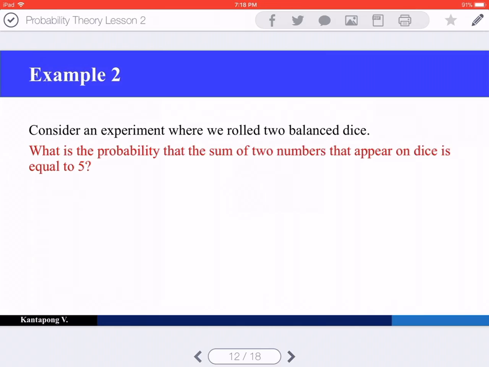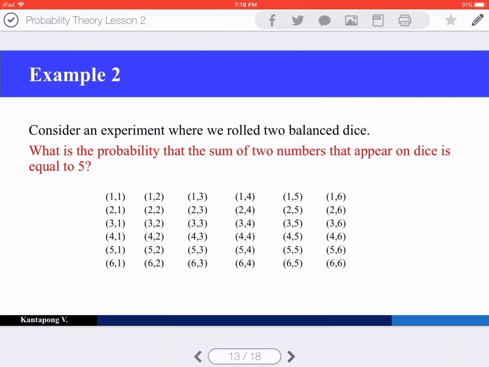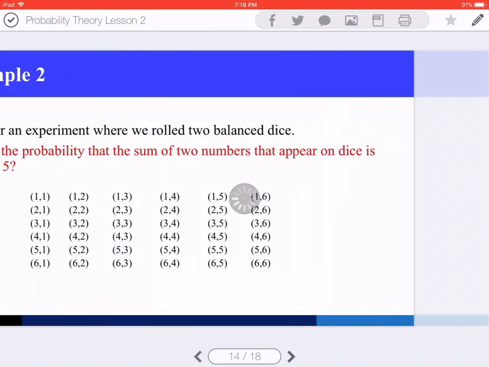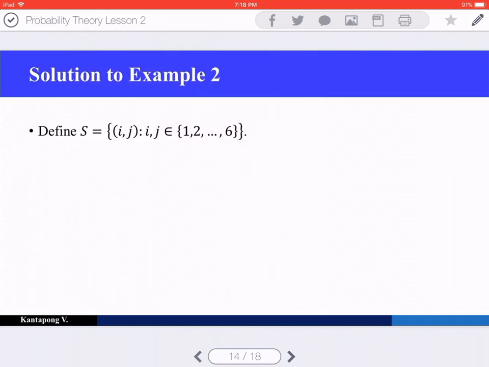But in order to use the previous formula, we have to list out like this. So this is the list of the 36 outcomes, and we could define S as the pair (i, j), where i and j belong to the set from 1 to 6.